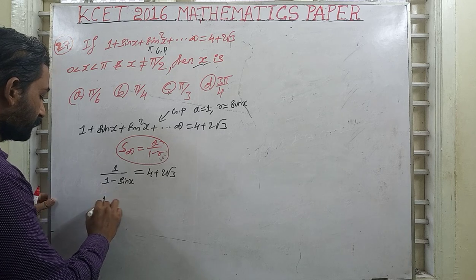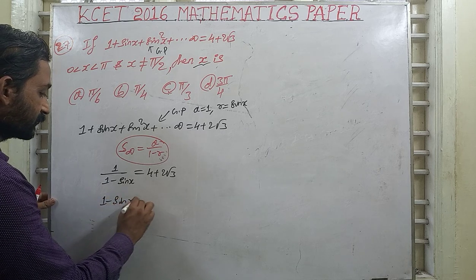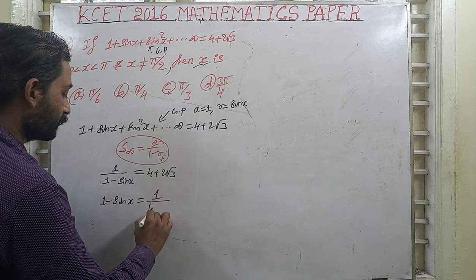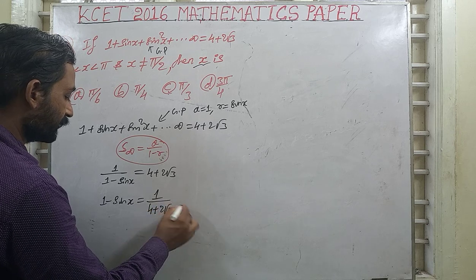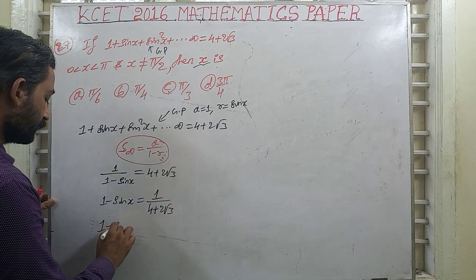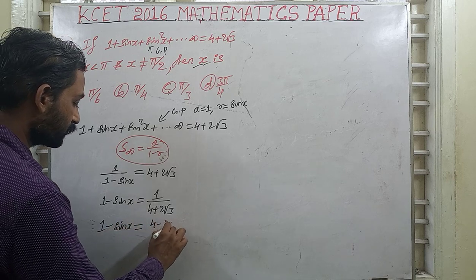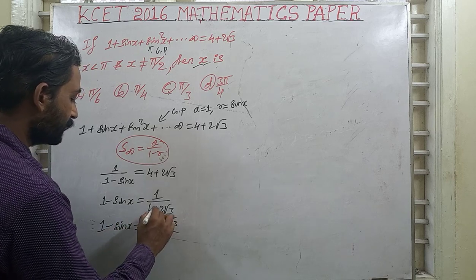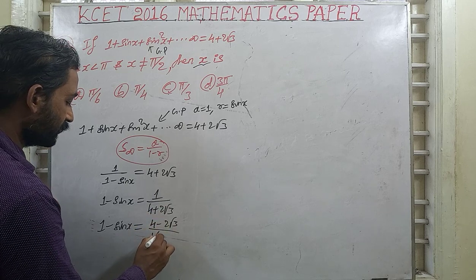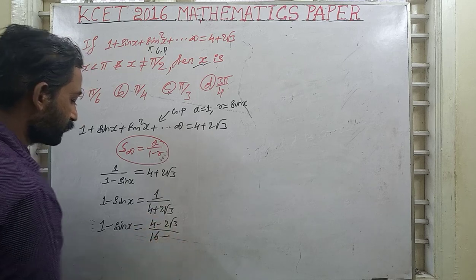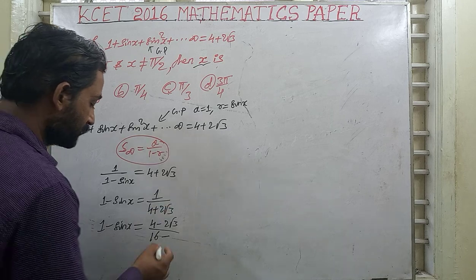So reciprocal means 1 minus sin x is 1 divided by 4 plus 2 root 3. So on the right hand side, simplify by using rationalization. 4 minus 2 root 3 divided by (a plus b)(a minus b), a square 16 minus b square, 2 square 4, 4 times 3 is 12.